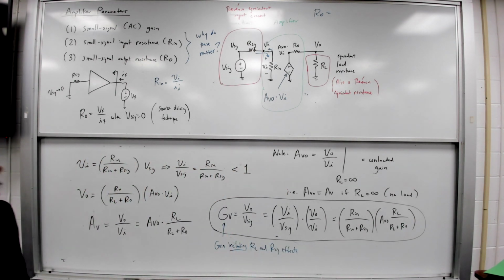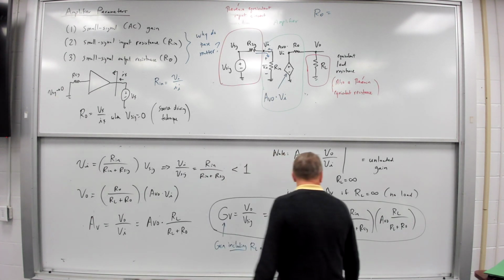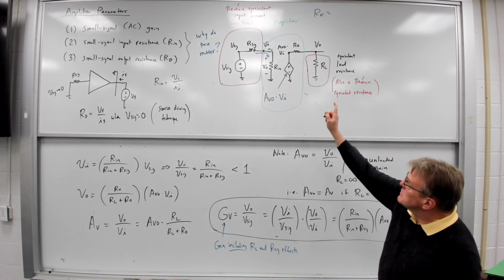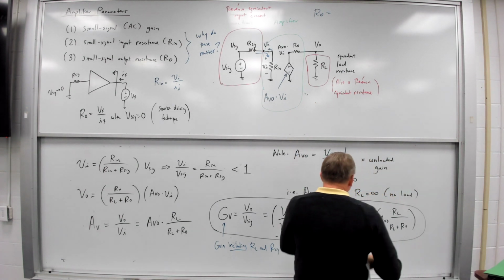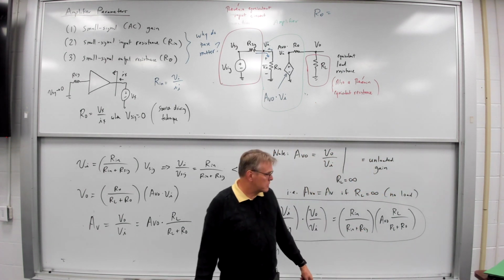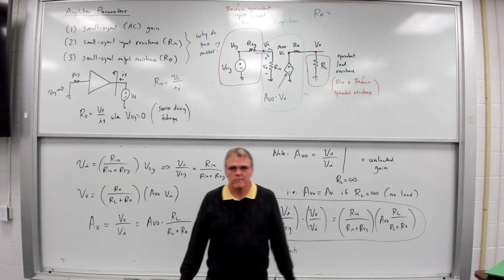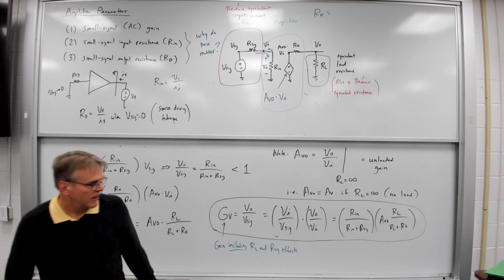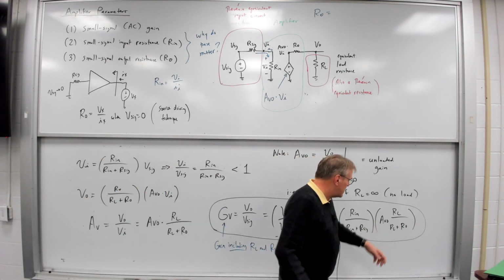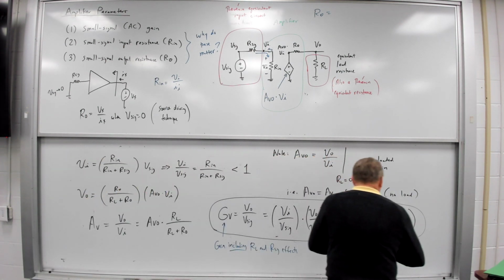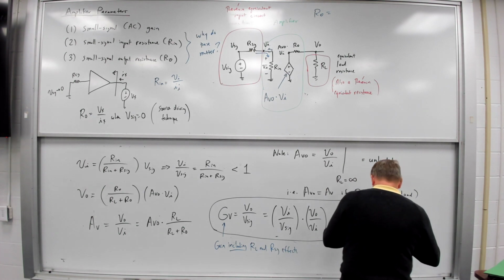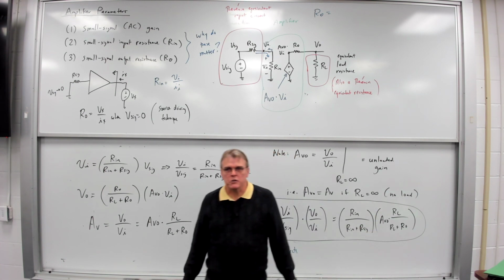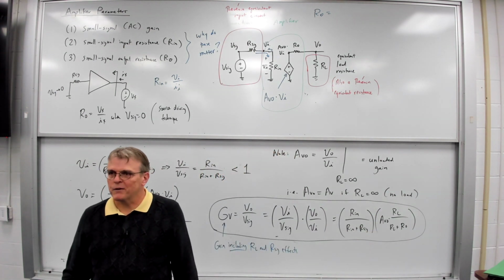So let's think about this for a moment. If R sig is equal to 0, what does this equation turn into? What's that fraction turn into? 1, okay. If RL is equal to infinity, what does that fraction turn into? 1, okay?